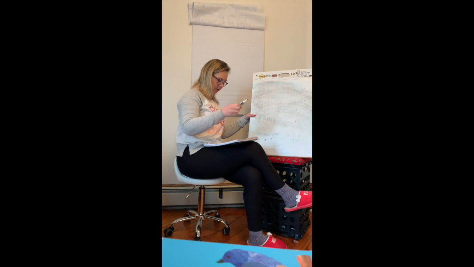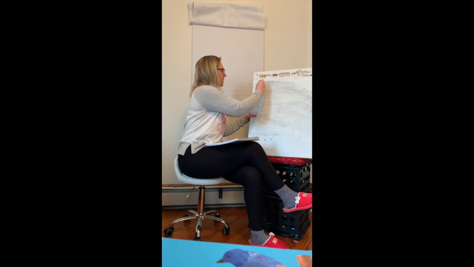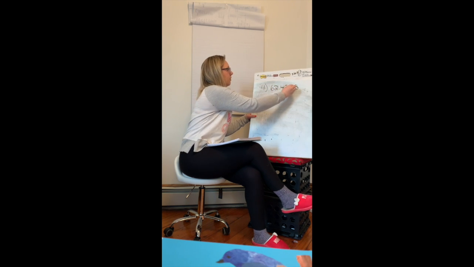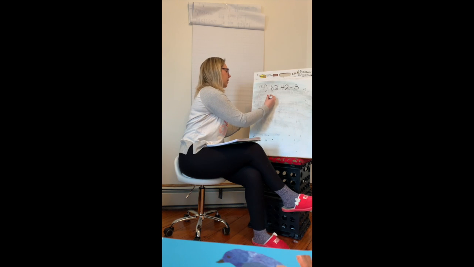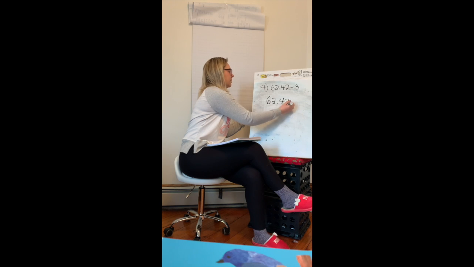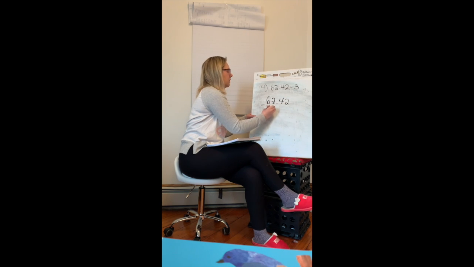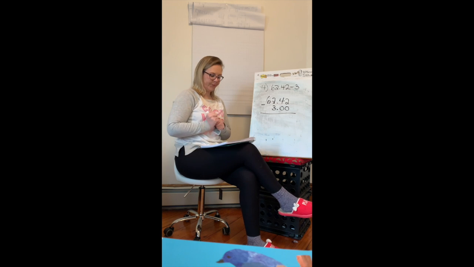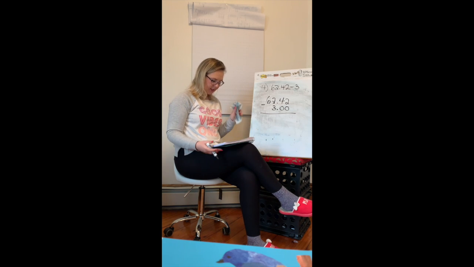But here we go. Number 4 asks us, what is 62 and 42 hundredths minus 3? So you set it up very easily: 62 and 42 hundredths minus 3. If it makes it easier for you, put the decimal and 2 zeros as placeholders, and then do normal subtraction. You guys have got that.